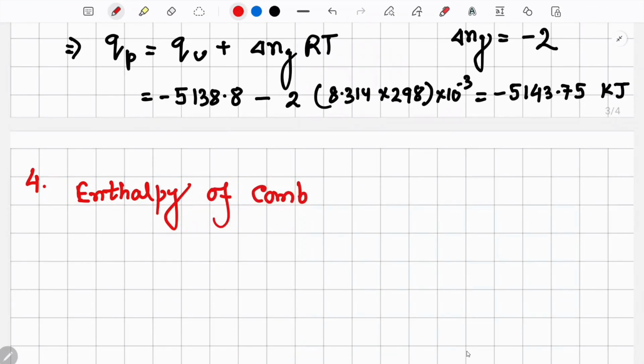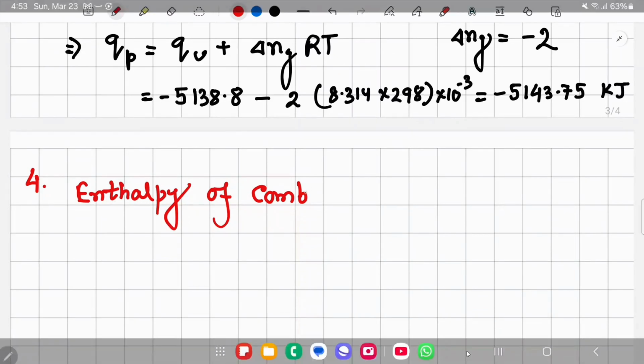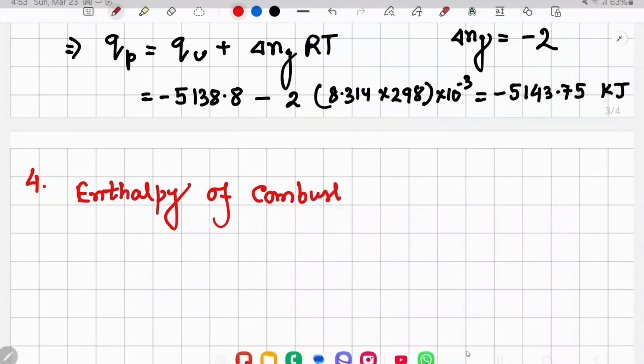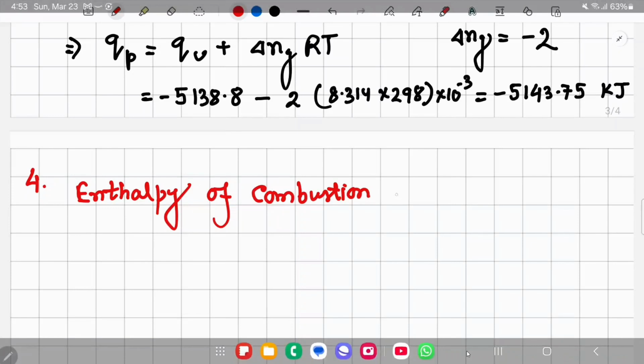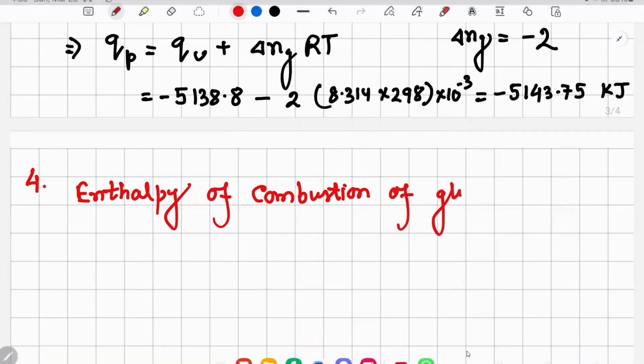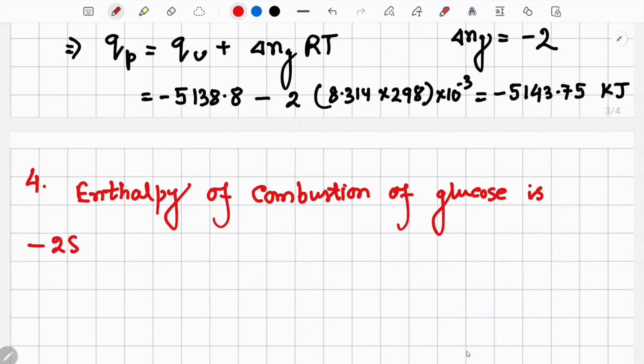Thermochemistry is basically the application of thermodynamics in a chemical reaction. Kilojoule per mole.